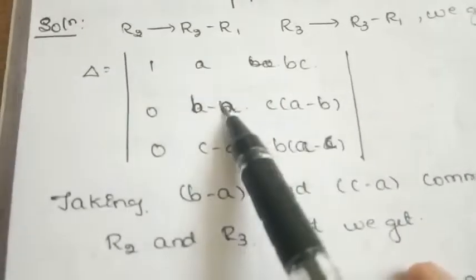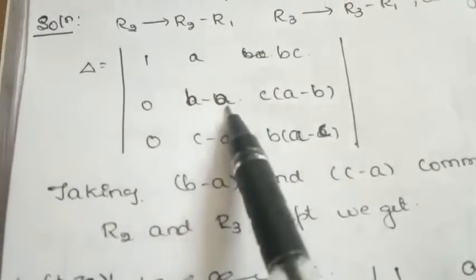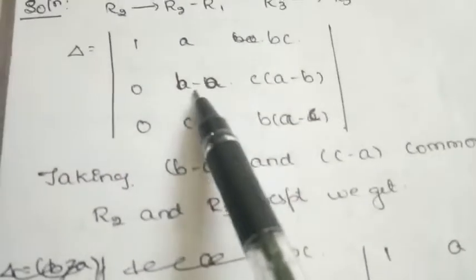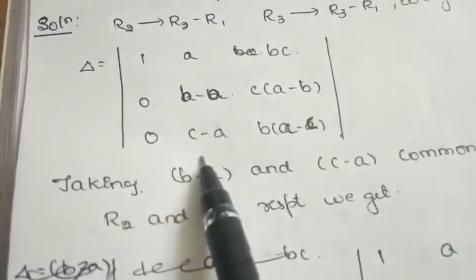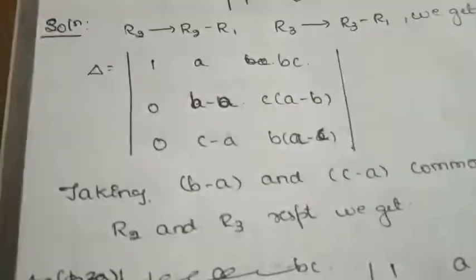So I took B minus A and C minus A from this row. I took B minus A common because here it is 0, there is no need of thinking of this one, but here there is a common factor. So I took B minus A as common from this whole row, and from this row I took C minus A as a common factor. After taking B minus A common and C minus A common, what does it become?